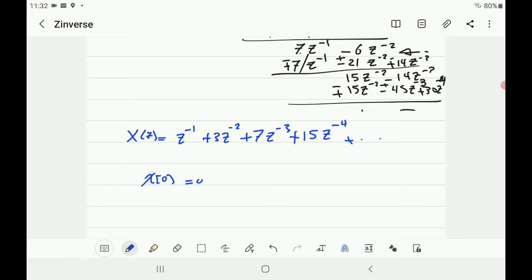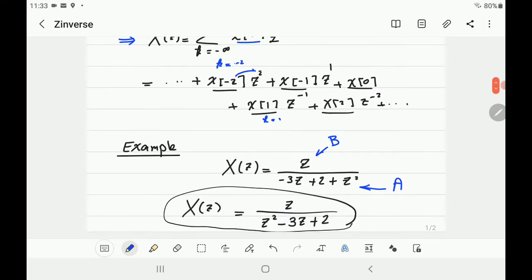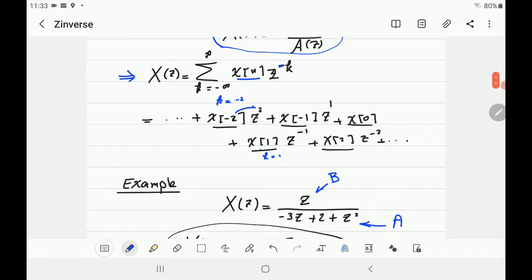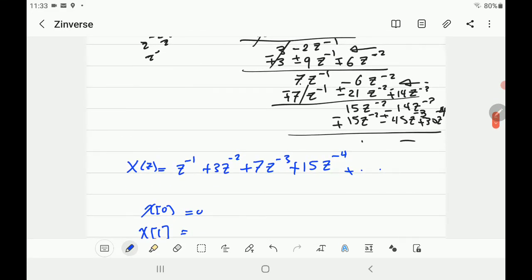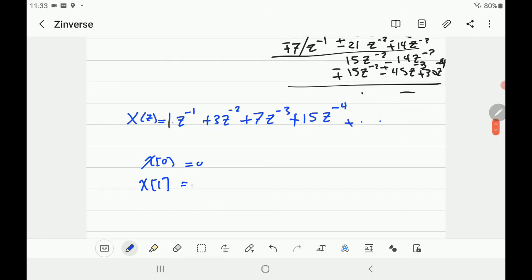Okay, let me ask you another question. What is the value of x of 1? Well, if you go back to the series, x of 1 is the coefficient of z^-1. Where is z^-1 here? That's 1, so it's equal to 1. What's x of 2? That's the coefficient of z^-2. That's equal to 3.